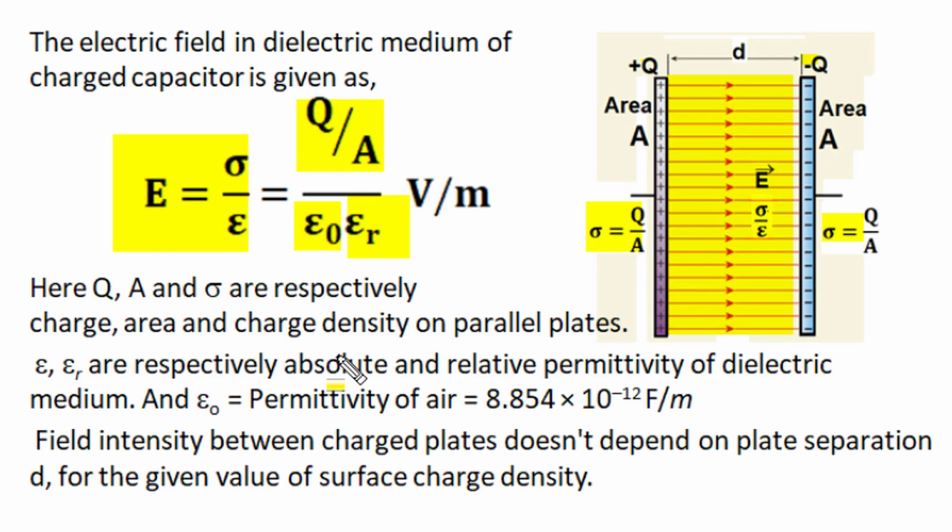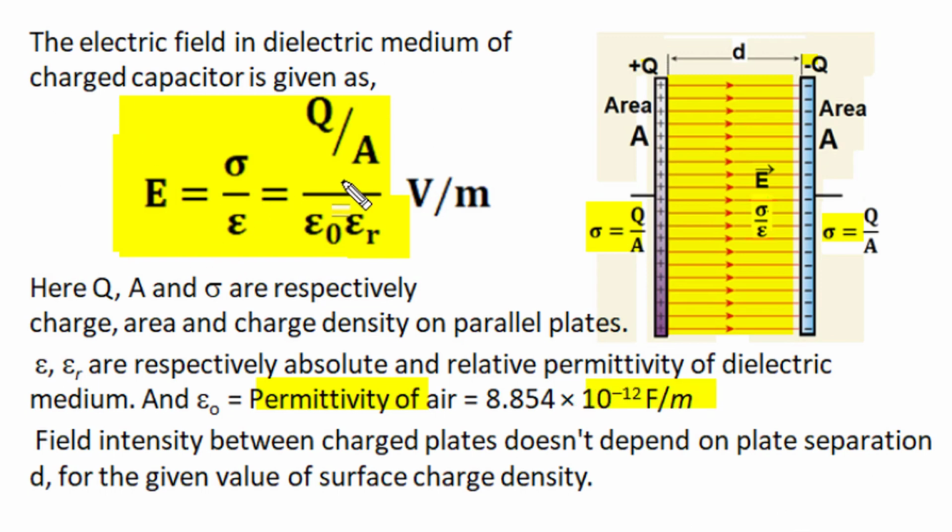So the electric field is given by this expression, where Q, A and sigma are respectively the charge on the conductor plate, the area of the conductor plate, and the charge per unit area of the conductor plate or surface charge density. Epsilon is the absolute permittivity of the dielectric medium and epsilon r is the relative permittivity of the dielectric medium, where epsilon naught is the permittivity of air, which is 8.854 into 10 to the power minus 12 farad per meter.